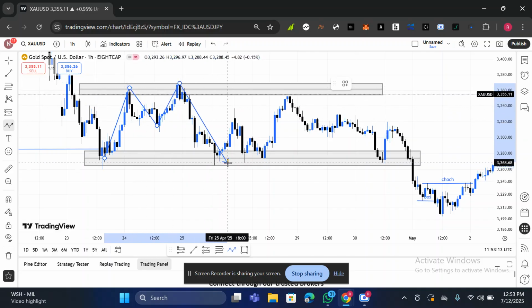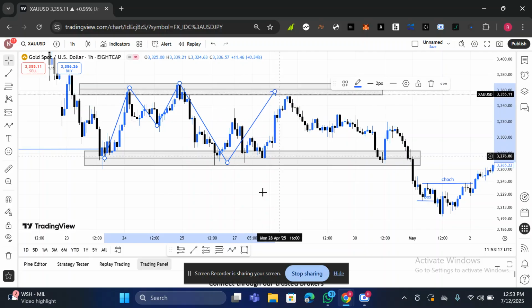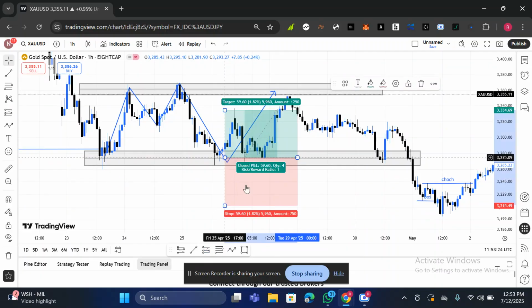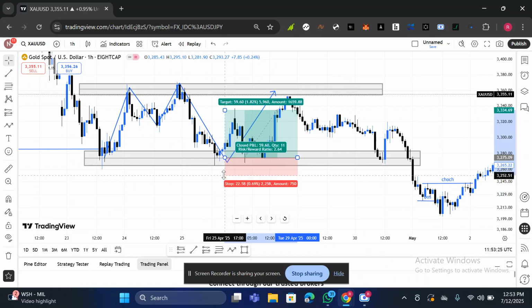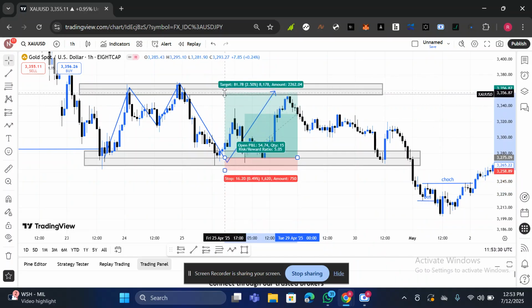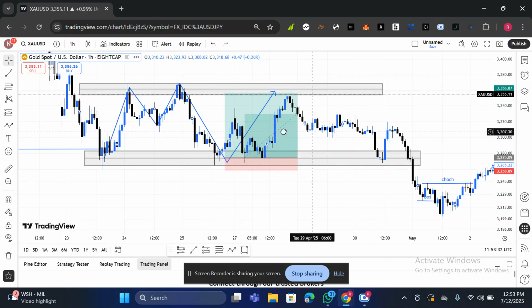Now, that is why I told you that if you are taking a trade from the support level, you'll be targeting the next resistance point. All right, now imagine you are just taking a buy from here, which is like a long position. Your entry will be around here, then your stop loss will be a little bit below, then your next target will be around the resistance points. All right, that's what you are targeting.